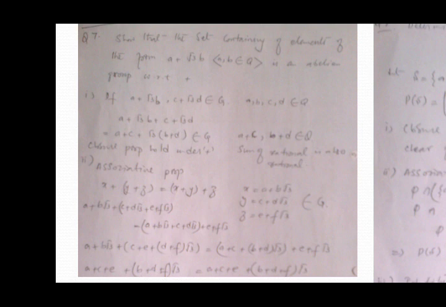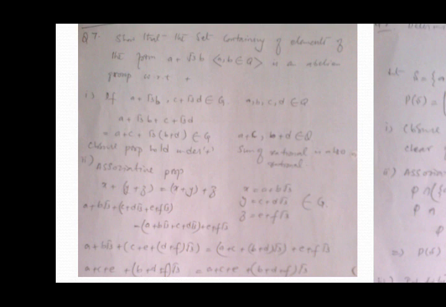We show that the set which contains all numbers of this form is a group. We have two numbers x and y. If we add these two numbers, the resulting answer is also in this form, therefore the closure property holds.